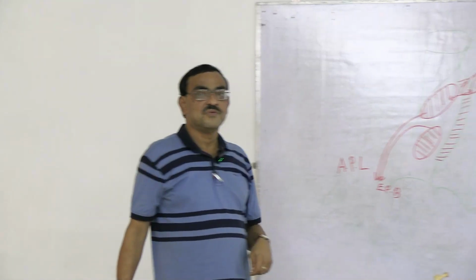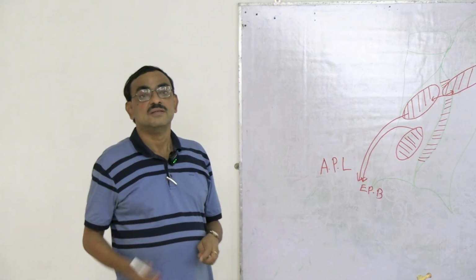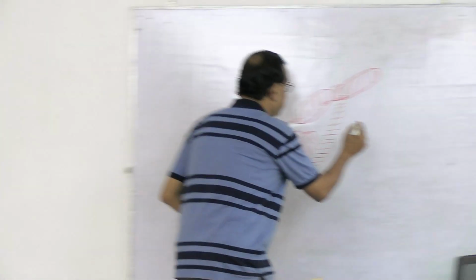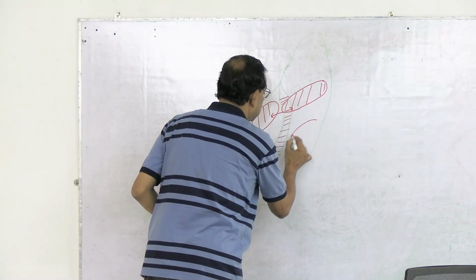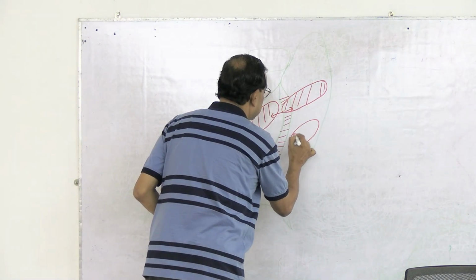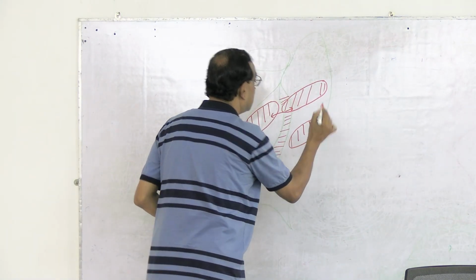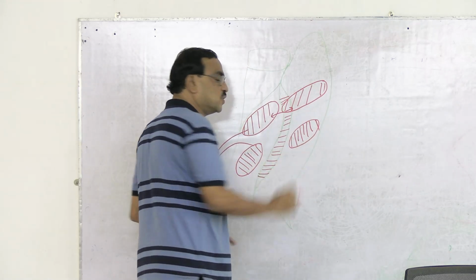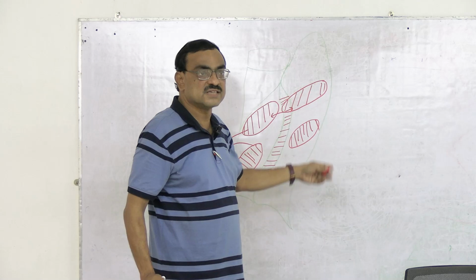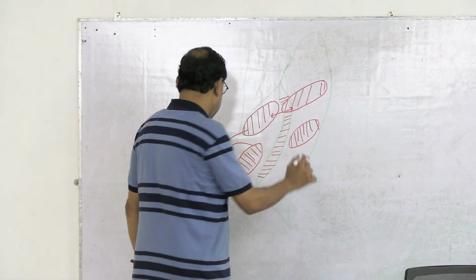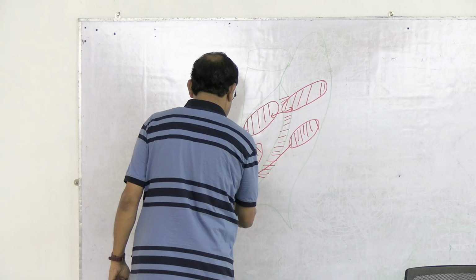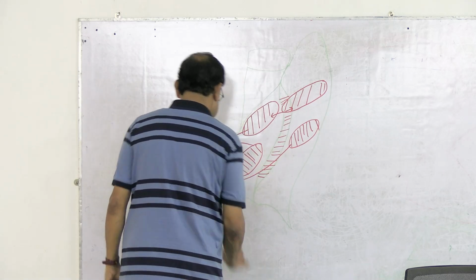Then the extensor pollicis longus takes origin from here, from the posterior surface of the ulna, and it goes like this.